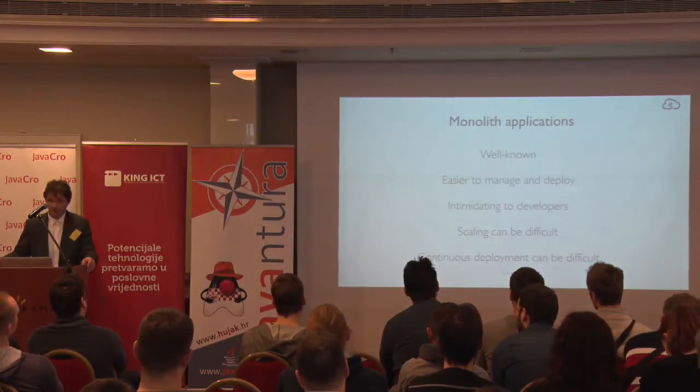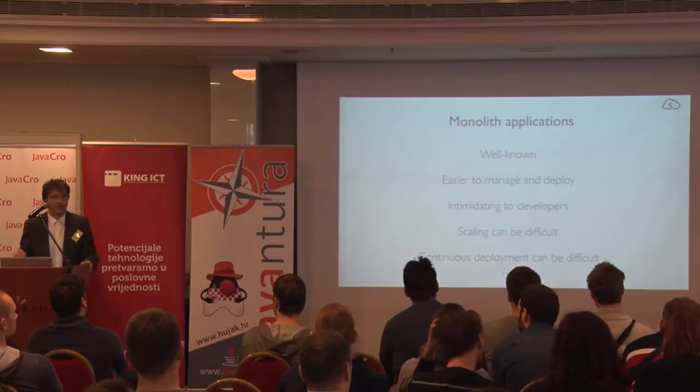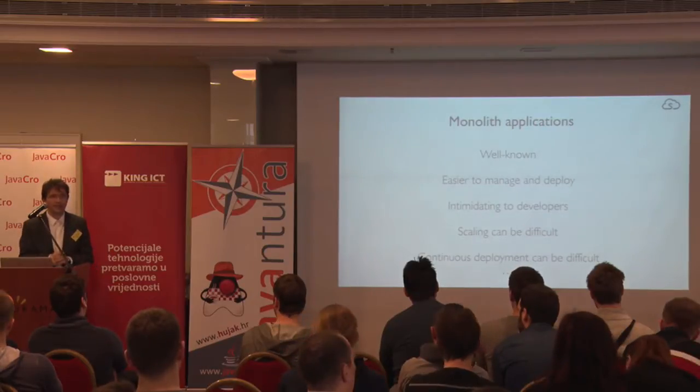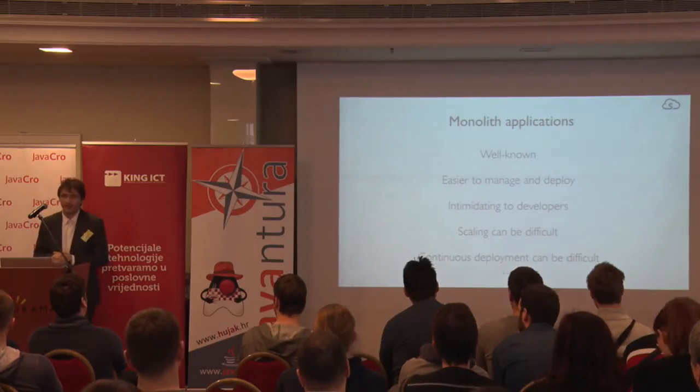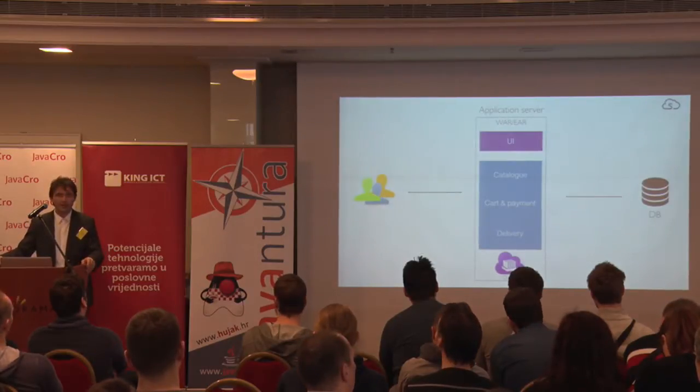This is well known. It is easy to manage. We understand it, we are familiar with it, we know how to scale it. If we would like to scale it, we need to set up a cluster of app servers, and we can scale the application as a whole, right?